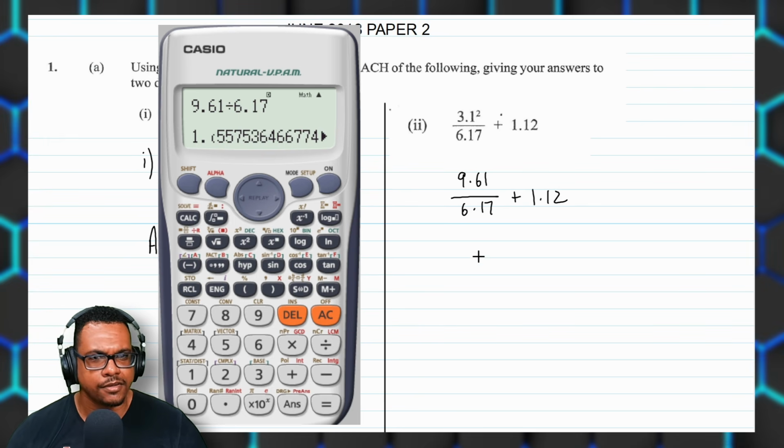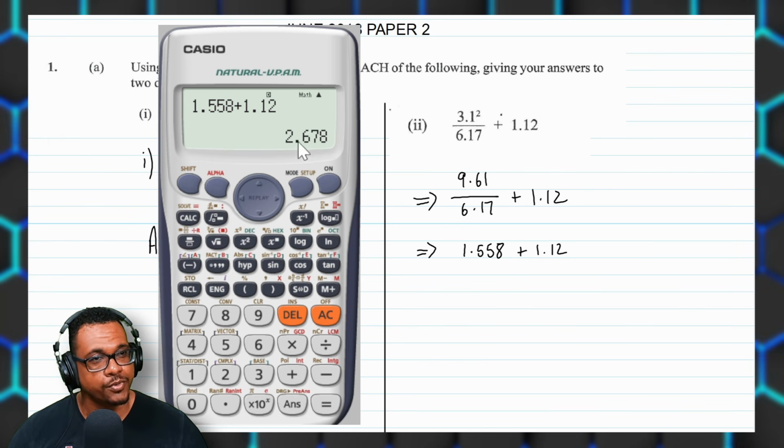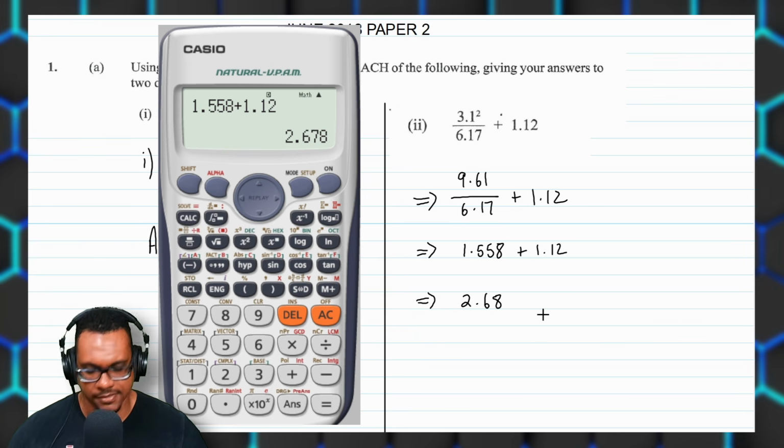So I'm going to have 1.558 plus 1.12, press equal. We're going to get 2.678. So to 2 decimal places, that's 2.67, then after the 7 is an 8, so the 7 goes up by 1 and turns to 2.68. So this would imply my answer is 2.68.